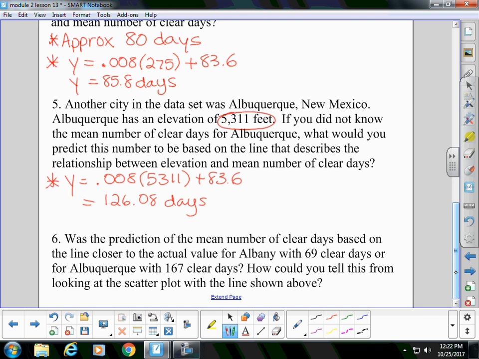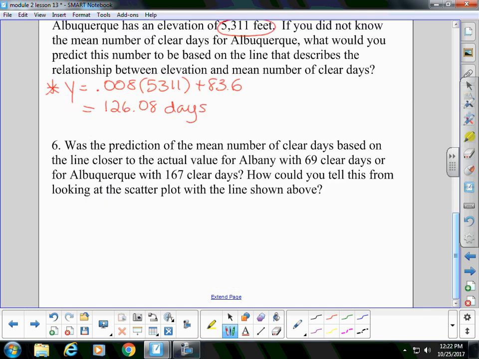What's the prediction of the mean number of clear days, number 6? Based on the line, is it closer to the actual value for Albany, which actually was 69, or for Albuquerque, which was 167? How can you tell this from looking at the scatter plot? Okay, so let's see which one was closer.